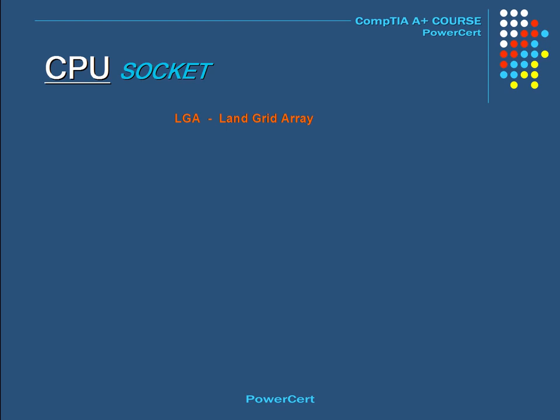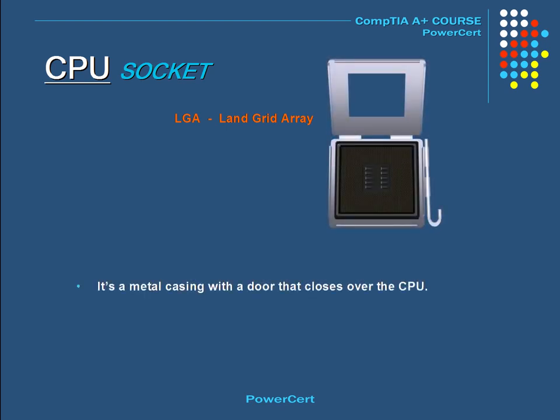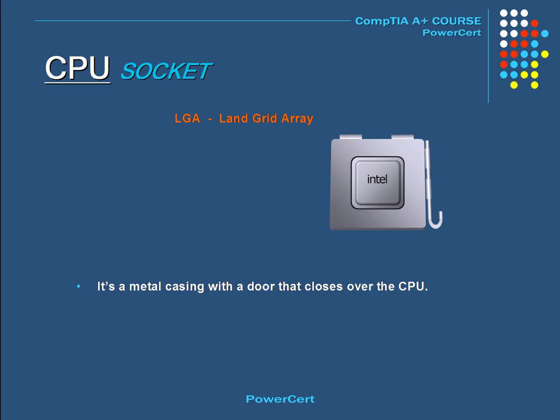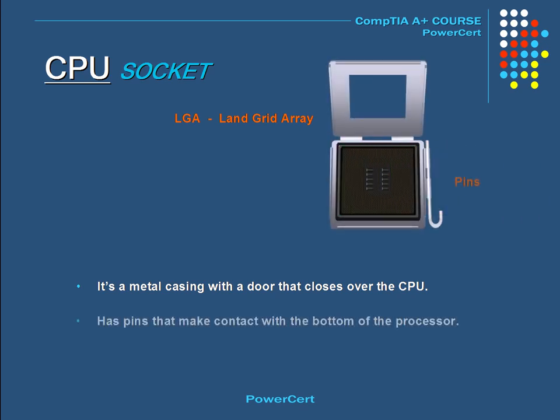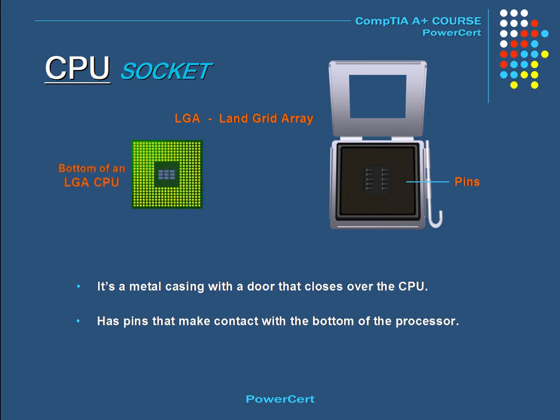The LGA socket is a metal casing with a door that closes over the CPU and locks down with a lever. Unlike previous socket versions, which have holes, the LGA has pins that make contact with the bottom of the processor. LGA processors don't have pins. Instead, they have pads that rest on the LGA socket pins.